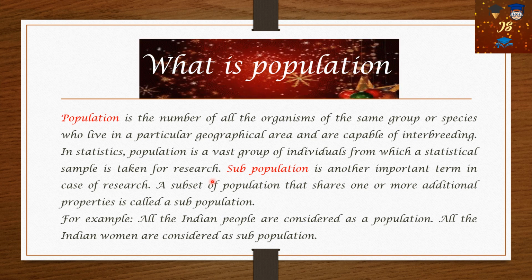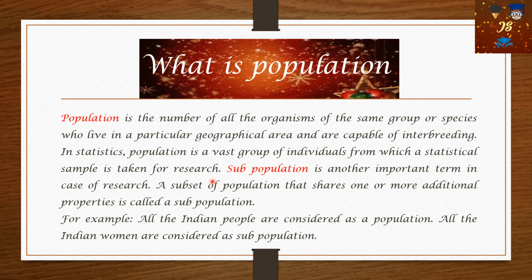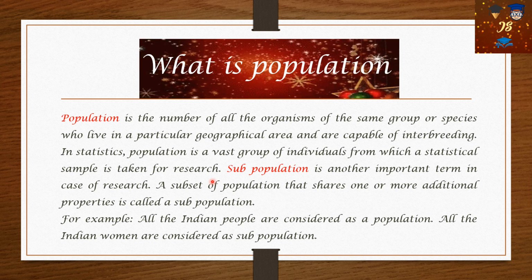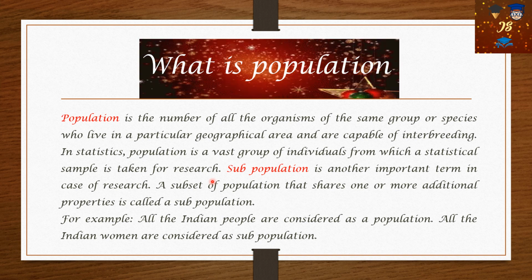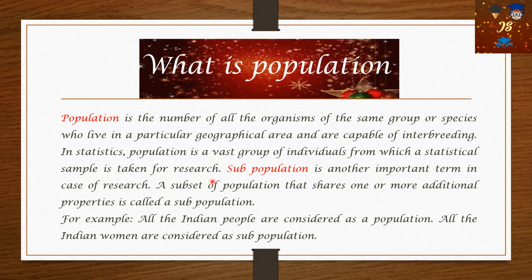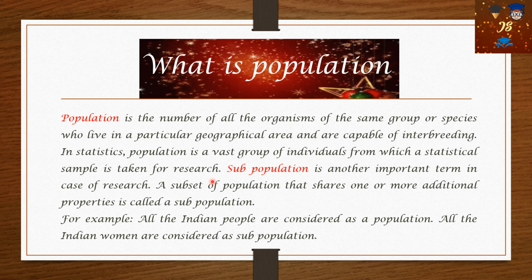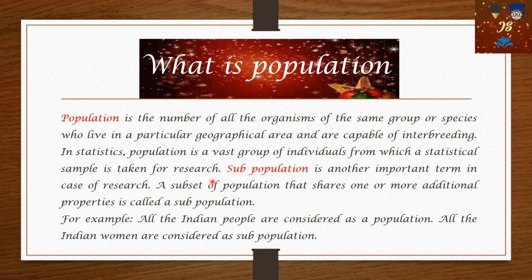So all the people belong to this particular group, for example the senior citizens from 60 to 65 years of age, so that is their population. But when we choose some people from there who will tell us what changes they are feeling or what effect they are feeling after taking that drug, they are considered as a sample. So this is the difference between population and sample.